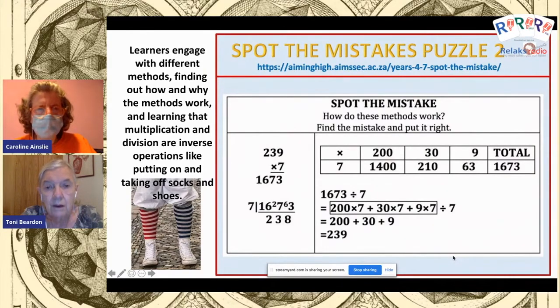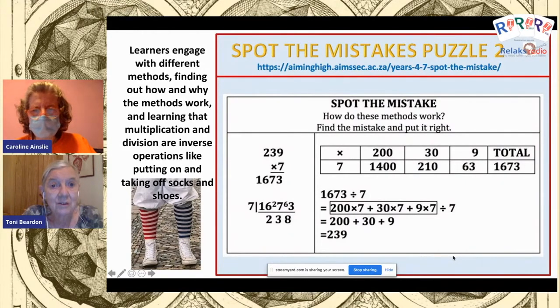Well, if you multiply 239 by 7, you get 1,673. And if you divide 1,673 by 7, and you do it correctly, you get the answer, 239. So these 3 numbers, 239, 7, and 1,673, are linked together both by multiplication and division.